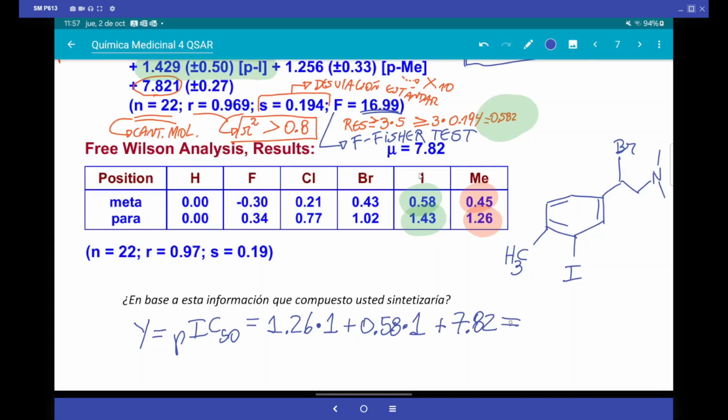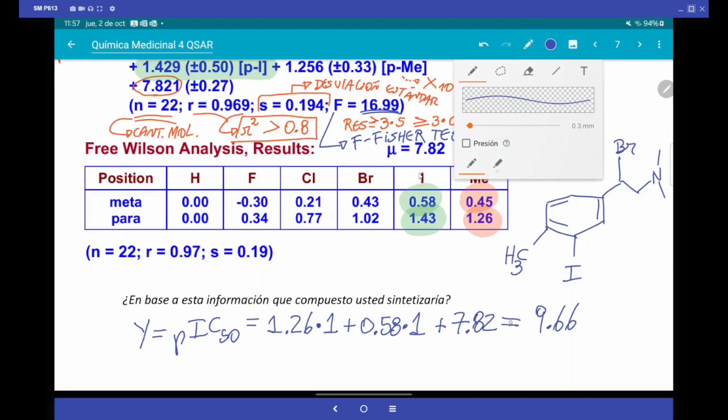Thank you, 9.66. That is the value of pIC50.